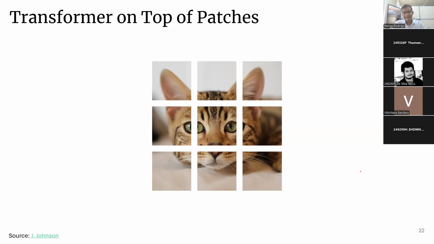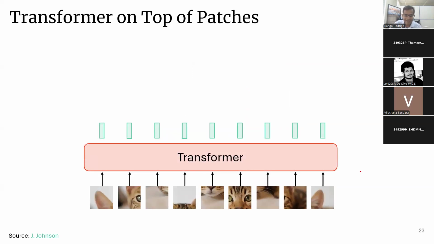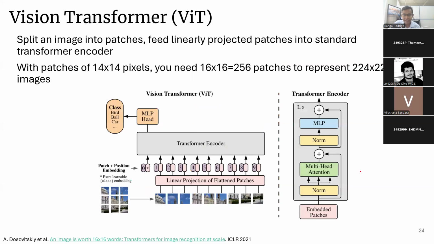So if you understand how words are fed to the transformer, now you understand how the ViT, or the vision transformer, works. You can see the patches are given to the transformer as we gave words to the transformer, and it does the encoding. So let's look at the vision transformer in detail.